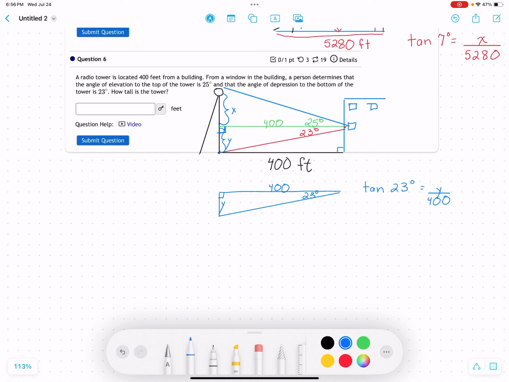And then for the other triangle, which I've got right here, I am also going to use the tangent function. The tangent of 25 degrees is equal to the opposite. Opposite is x. Adjacent is 400. My final answer will be x plus y, whatever that is.